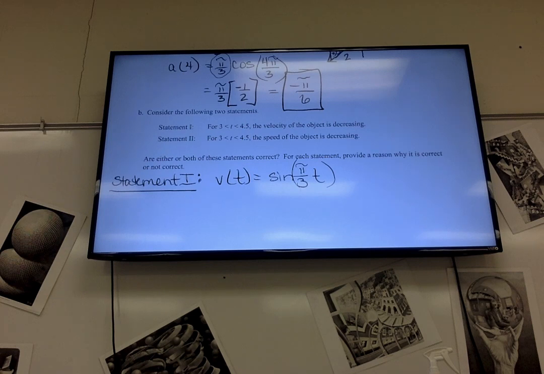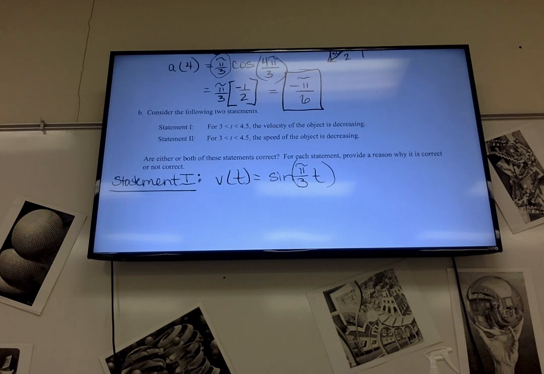So, how do we determine if velocity is increasing or decreasing? Plug in the number. The acceleration, the derivative of V.